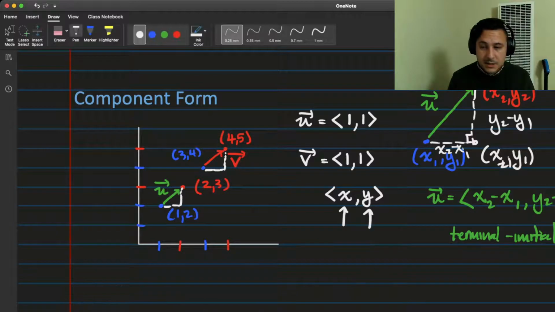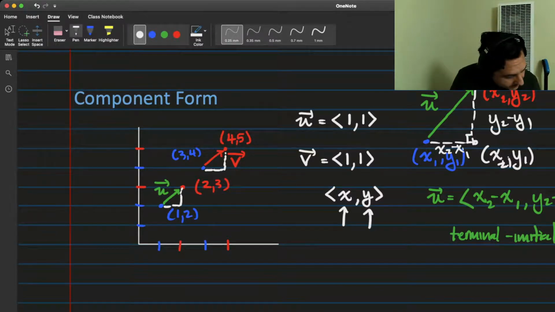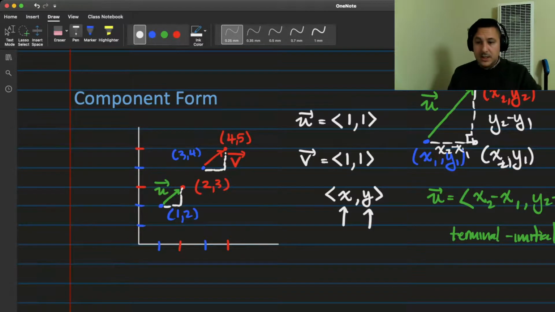Let me move this down a little. There's some other stuff that we can talk about here. It's pretty easy now to come up with a formula for the magnitude, because we have a triangle here.